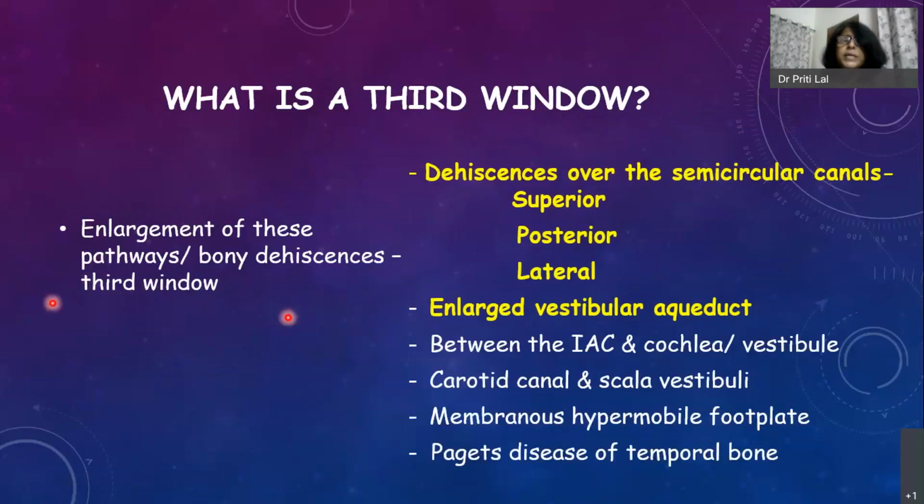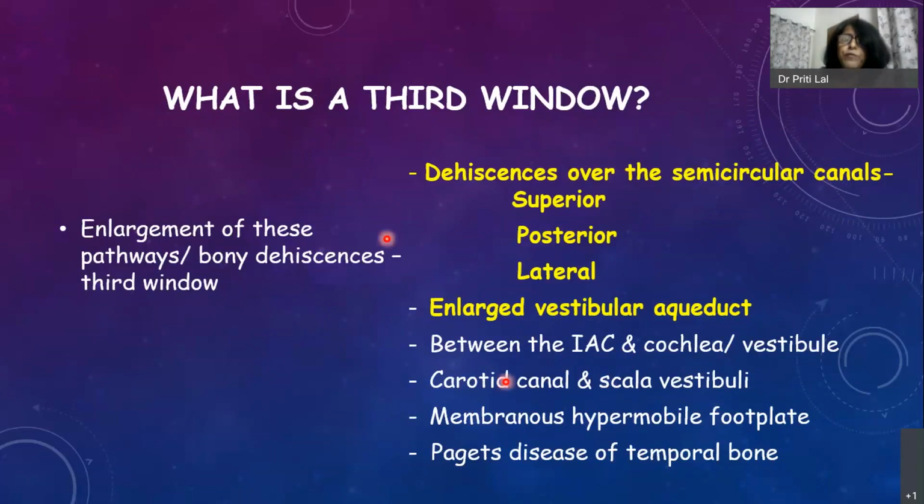So third window is seen in various conditions like dehiscences over the semicircular canals, including all the three semicircular canals, enlarged vestibular aqueduct, or if there's a dehiscence between the internal auditory canal and the cochlea or the vestibule, dehiscences between the carotid canal and the scala vestibuli, or a generalized dehiscence in the temporal bone, as in conditions like Paget's disease of the temporal bone.